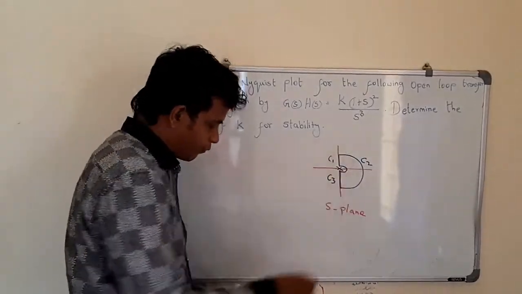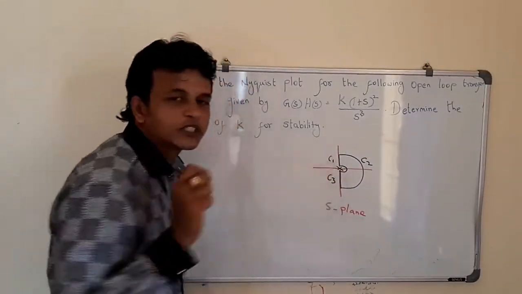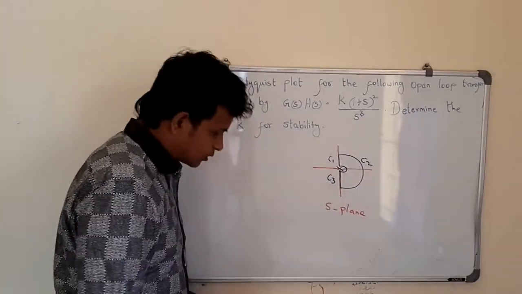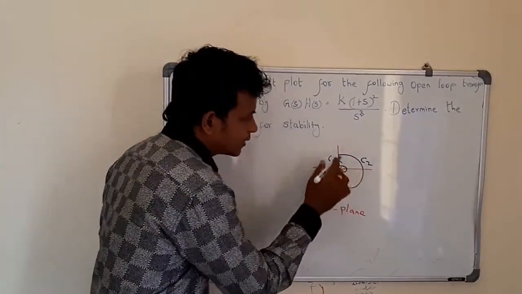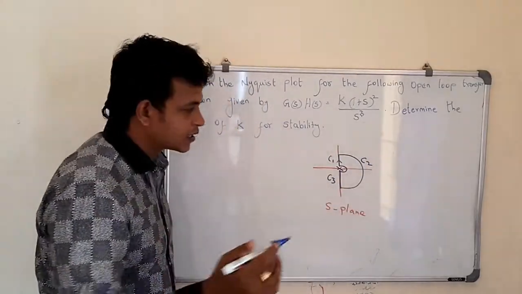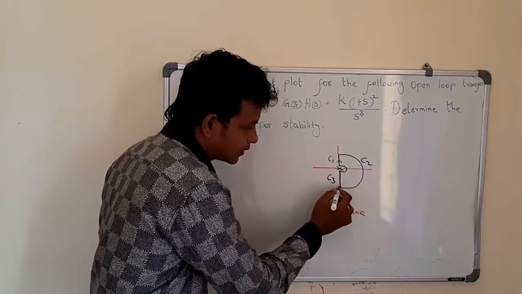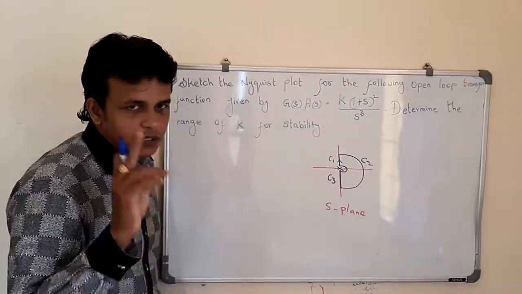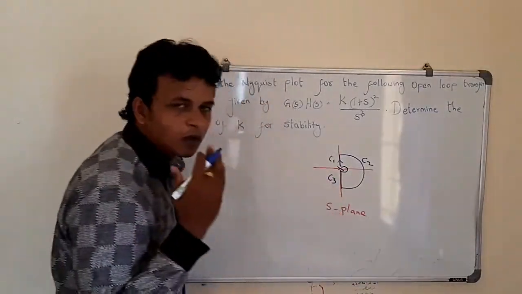Here there will be 4 regions. One is region C1 varying from 0 plus to infinity, and there is a region C2 which is an arc, and the radius of the arc is infinity. Directions are very important. Region C3 varies from minus infinity to 0 minus. It doesn't cross 0, it reaches up to 0 minus, very close to 0.